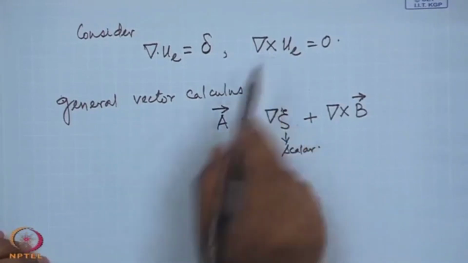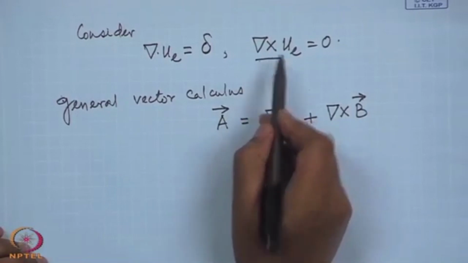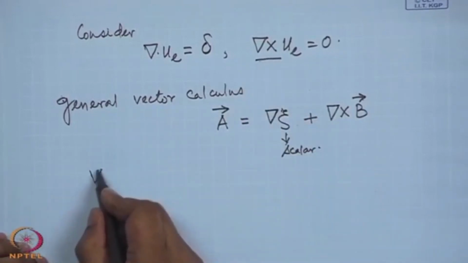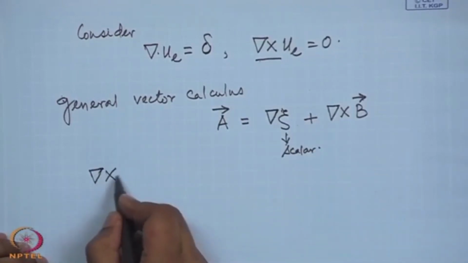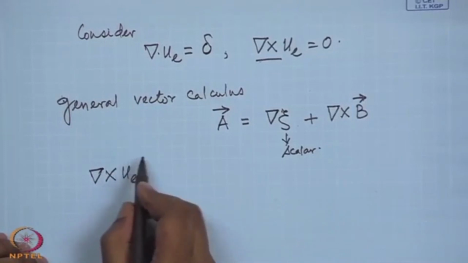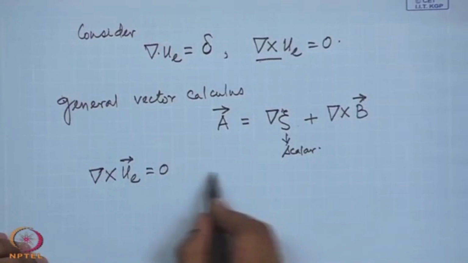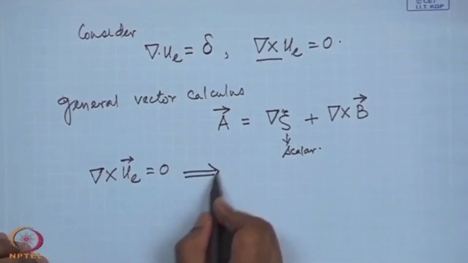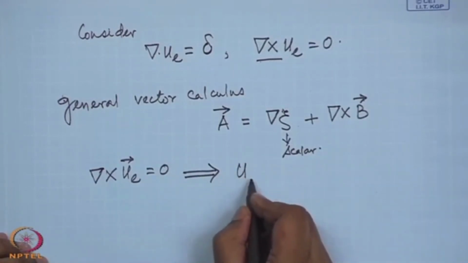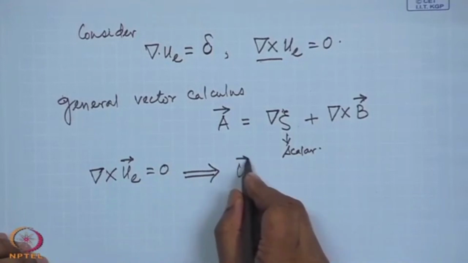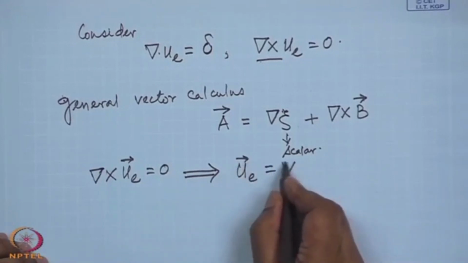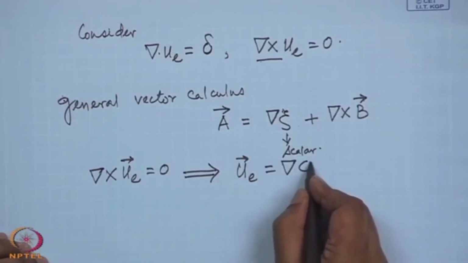That is, when curl of a vector is 0, as in this case curl of u is 0, this gives that uv is simply a gradient of a scalar. Let us call that scalar phi.